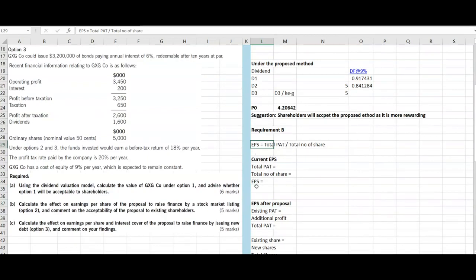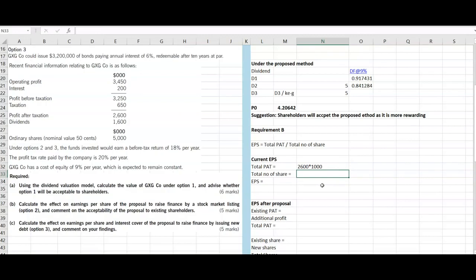To work out the current EPS, we need these numbers. We first need the total PAT, or profit after tax. That number is directly given here, so we'll take it: 2600 into 1000. That's the value.